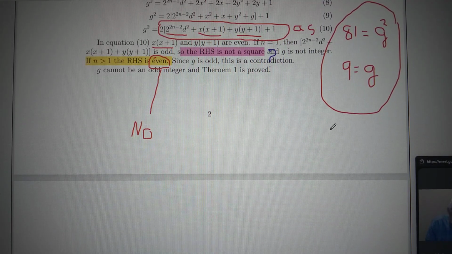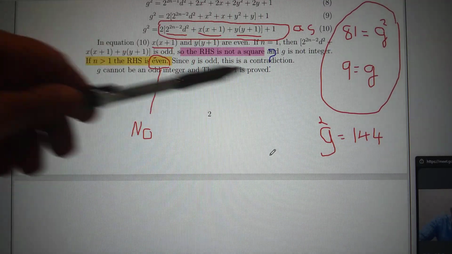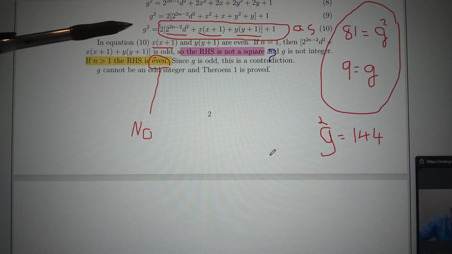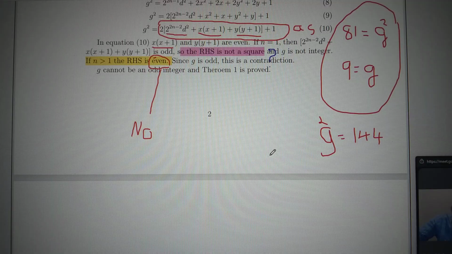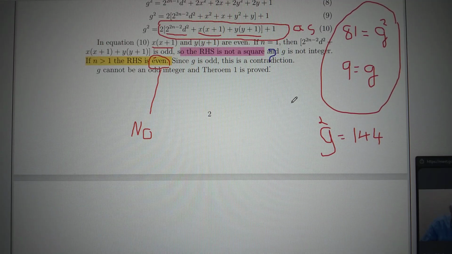What about if G squared is 144? This is even. That means you have nothing to do. You tell me G squared is odd or G squared is even. No, you have to solve it and tell me whether G is an integer or not an integer, like that.